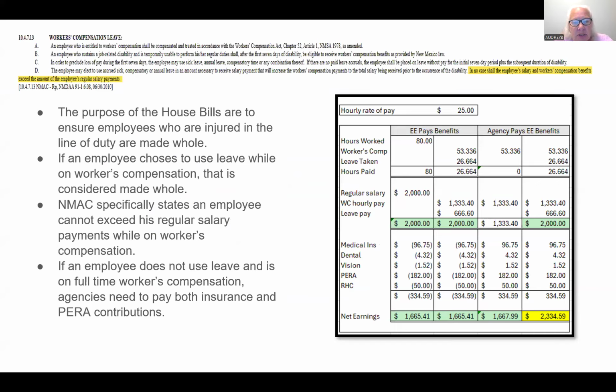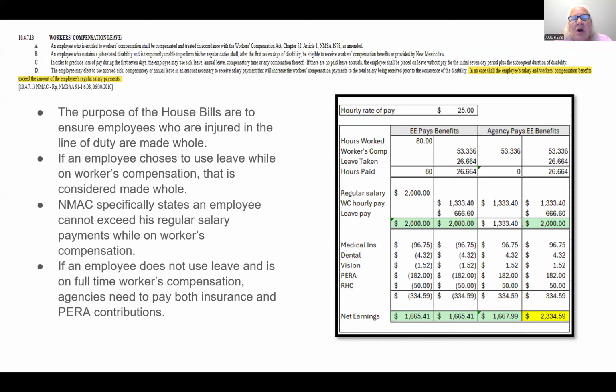So I want to go over this a little bit more because we also have in play in relation to this the NMAC rule, which is 10.4.7.13. And the NMAC rule states that while an employee is on workers' comp, in no case shall the employee's salary exceed the amount of the employee's regular salary payments.